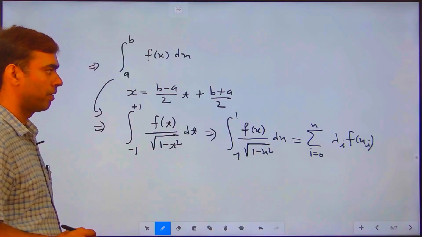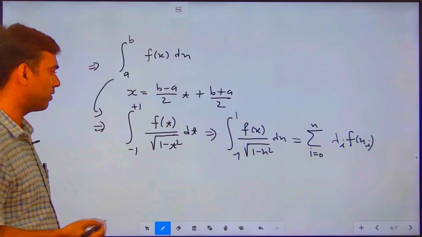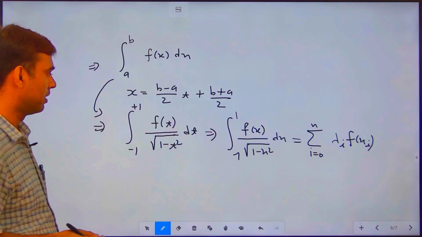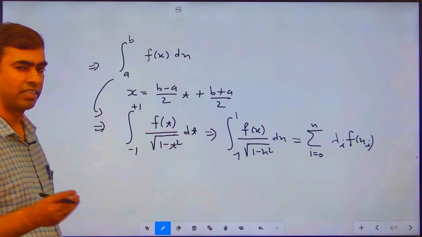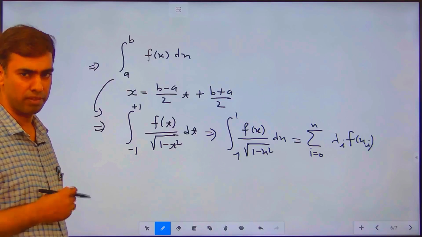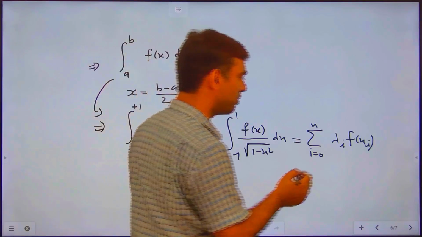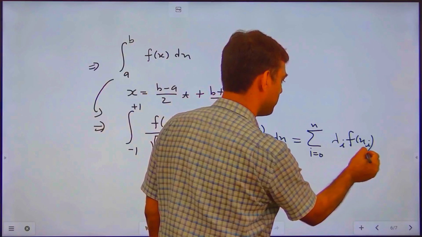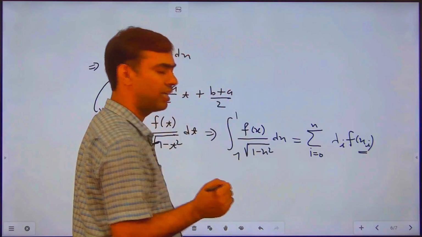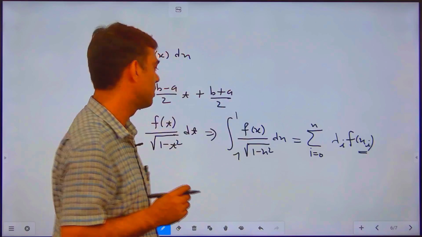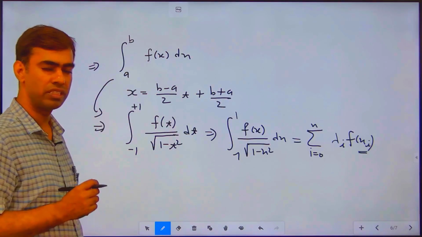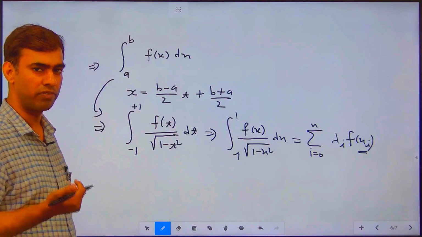So, now what will happen in a 1 point formula? There are different point wise formulas. What is the meaning of this? If we have one nodal point and corresponding weight, then the formula is known as the Gaussian Chebyshev 1 point formula.